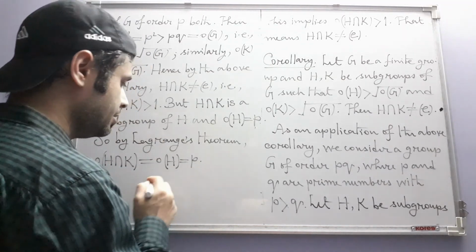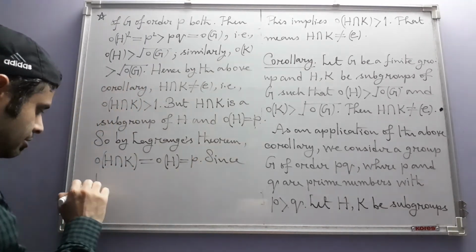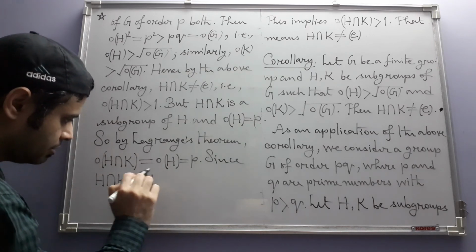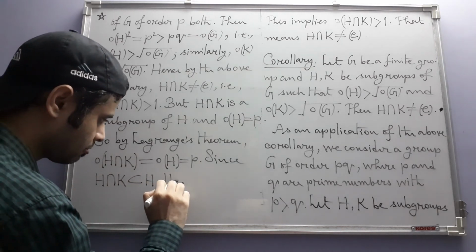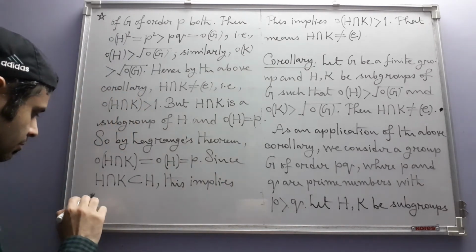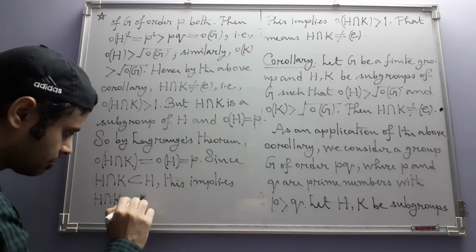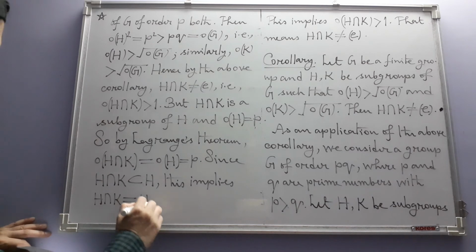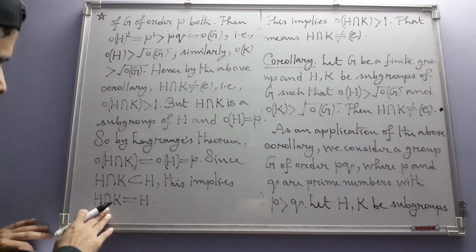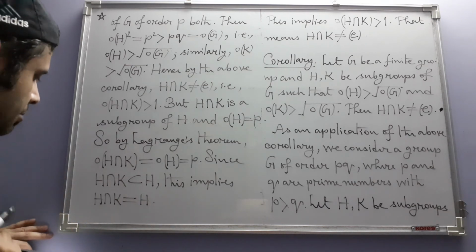Now what does this imply in turn? Since H intersection K is a subset of H, this implies that they should be equal, because they have the same number of elements and one of them is a subset of the other, so they have to be equal. There is no other possibility.